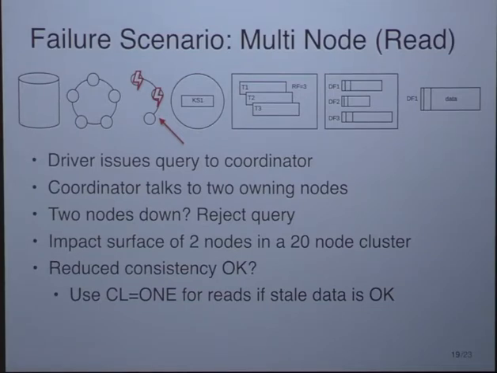If there are 2 nodes down across 2 different racks, though, there are some parts of your data that are not able to be addressed at quorum. When that happens, a lot of your queries just go through because those 2 nodes don't own the data that you want anyway, so you get into this partially failed state. In a 20-node cluster, I don't know the math, but it's like a low single-digit percentage of the queries that are going to fail.